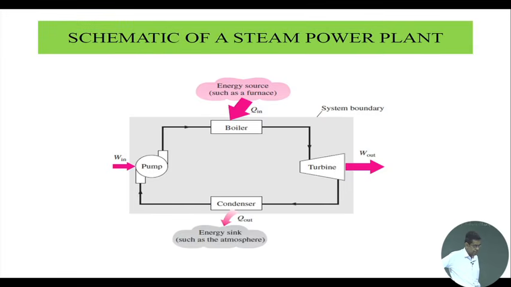So this is a heat engine with two reservoirs: the furnace of the boiler and the cooling water from the ambient at the condenser. As a result we get a net work output, which is the turbine work minus the work input to the pump, which is much less compared to the turbine work. So this is one good example of a heat engine, a typical steam power plant in practice.